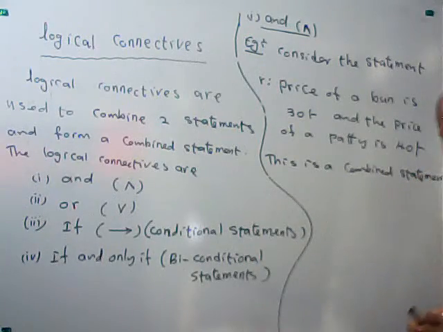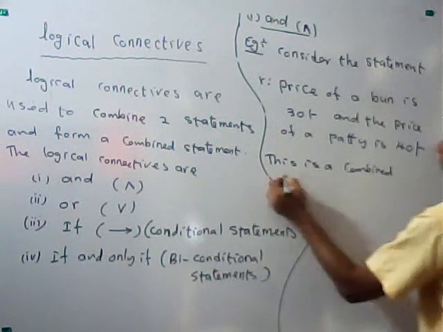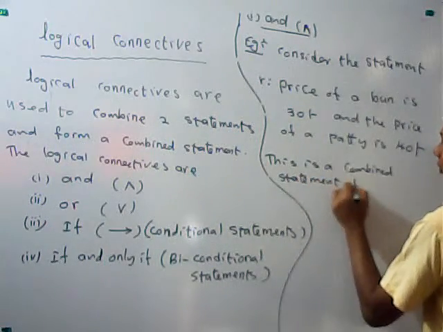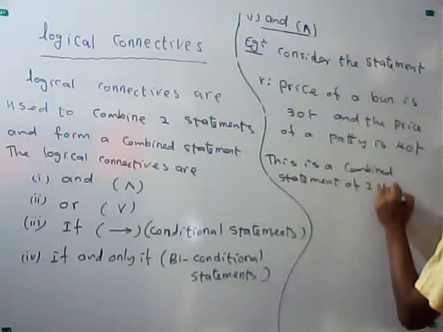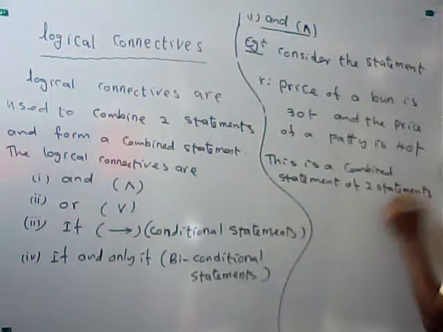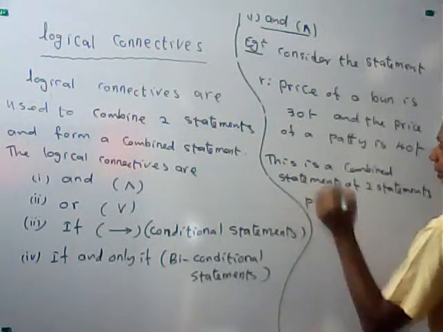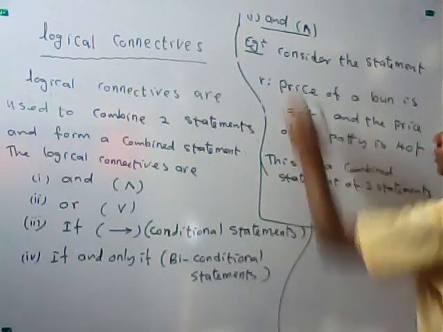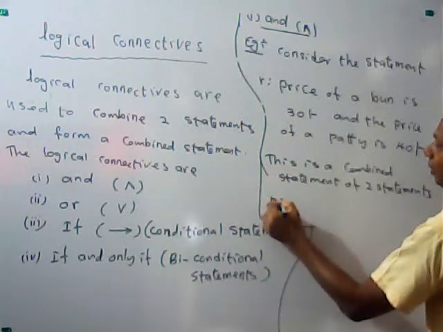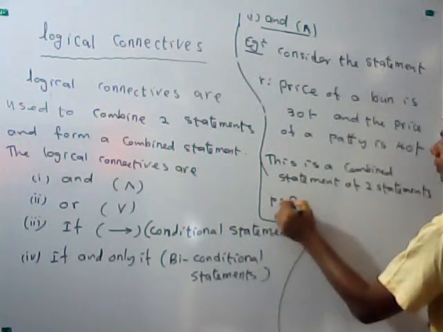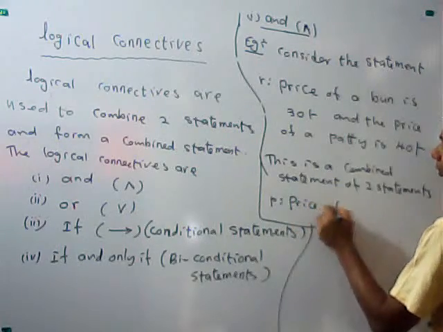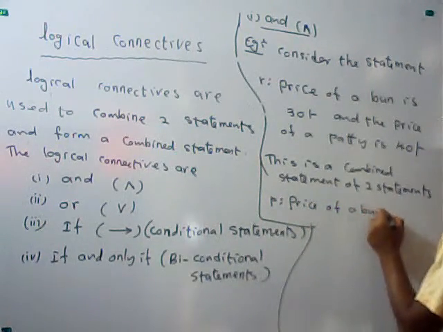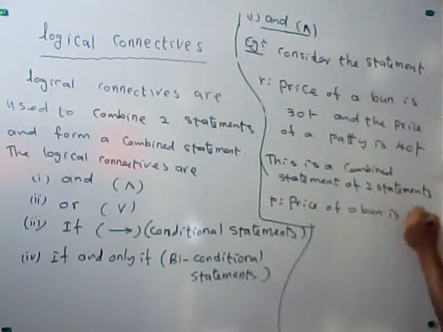It's a combined statement of two statements, which are P and Q. P is: the price of a bun is 30 rupees.